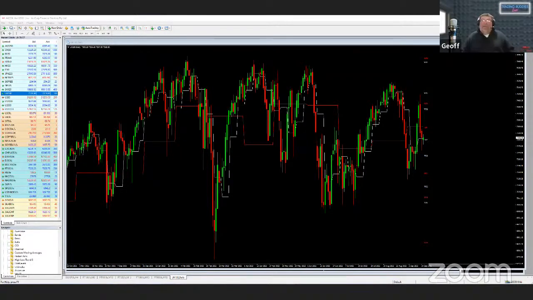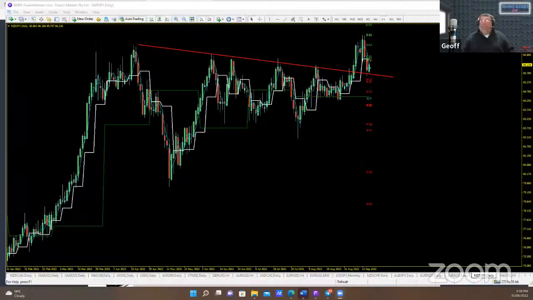Cool. Okay, that's sorted. One thing I think is really important at the moment with the currency pairs that I'm looking at is market sentiment. And it appears that market sentiment is kind of on hold, the way I read it anyway, because I'm not seeing anything that's extremely positive in things like the S&P 500.